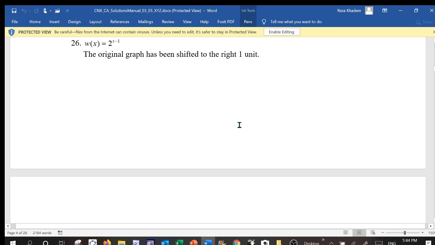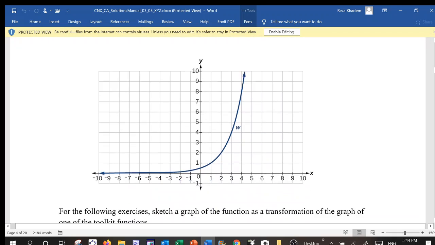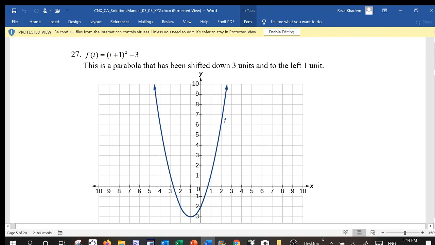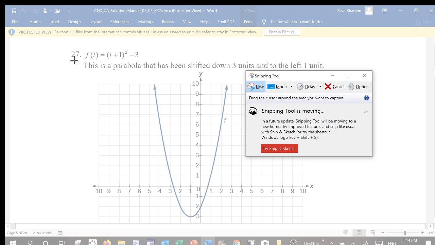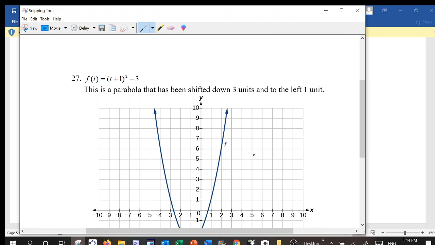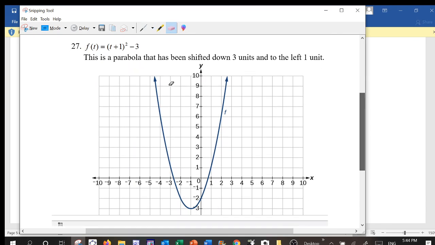All right, next I want to do number 27. Well, it's similar to the one I just did for you, right? We can do it again quickly. So what I'm going to do, I'm going to use that graph that we have here, which is the graph of correct answer.